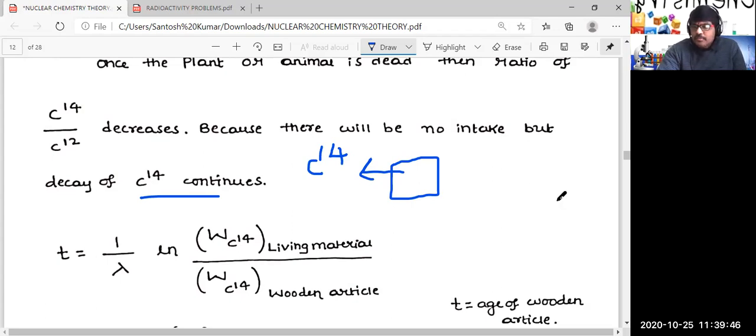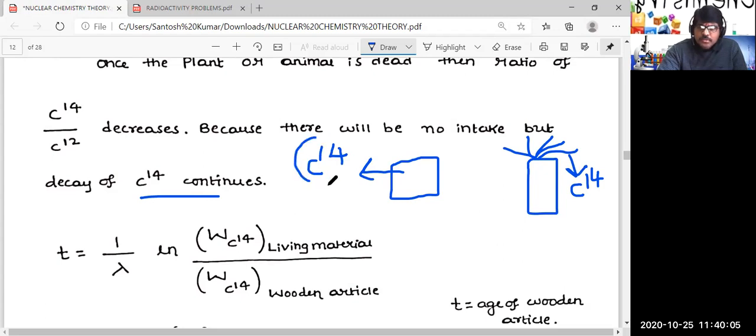In case of a living plant or any living material, the mass of C14 isotope will be provided in that question.